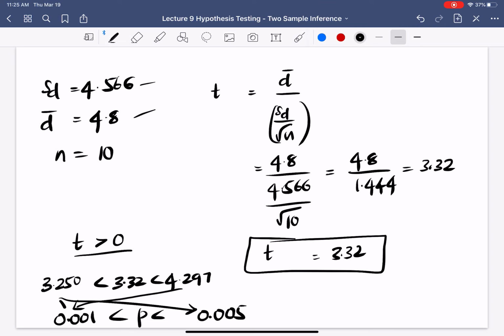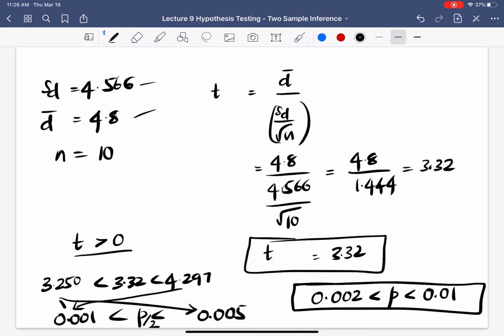So the p-value lies between 0.001 and 0.005. So remember that this is p by 2. So multiply everything with 2, so you get 0.002 less than p less than 0.01. So this is the p-value that we have. Now use this p-value and look at the significance table, which one it suits. So this significance value suits the distribution 0.001 less than p less than 0.01.